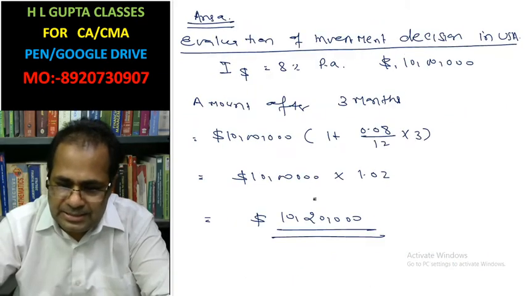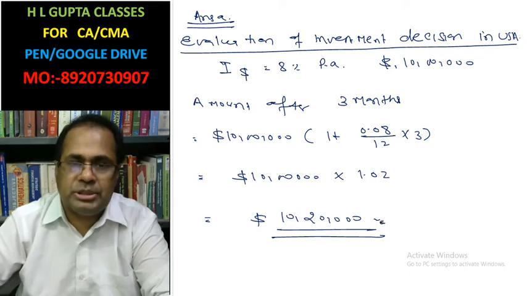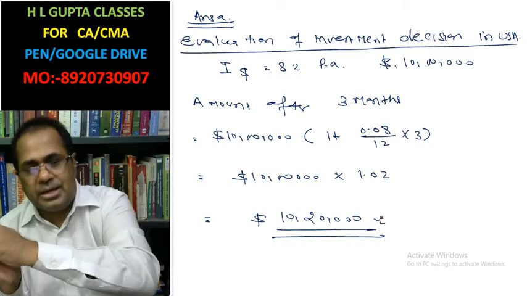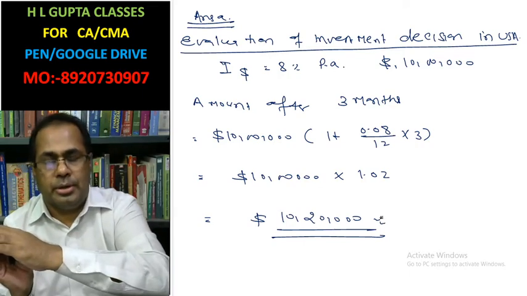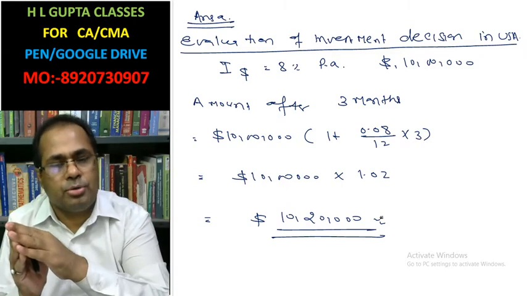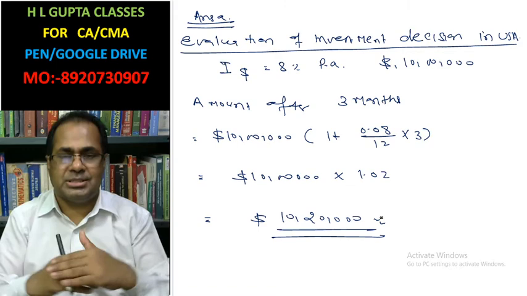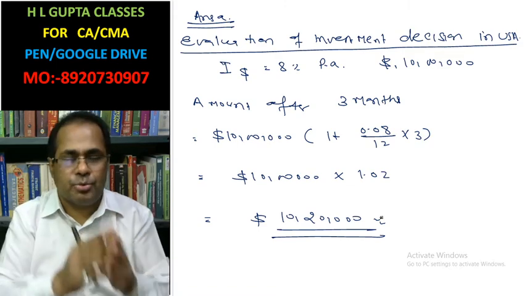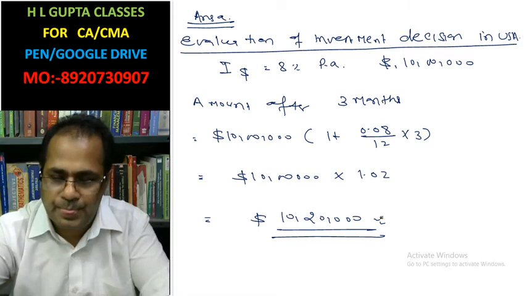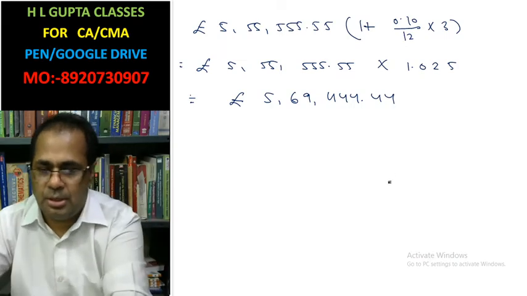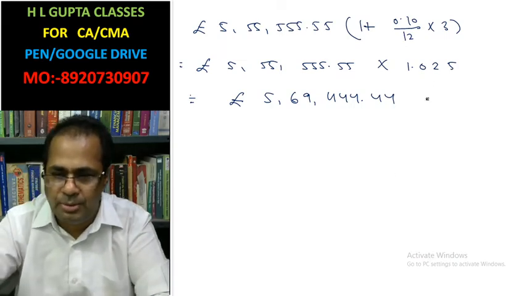In the earlier case this was in dollar, and you have to compare with this, but this amount comes in pound. To compare, both should be in the same currency. That's why that pound you have to convert into dollar at the 3-month forward rate.